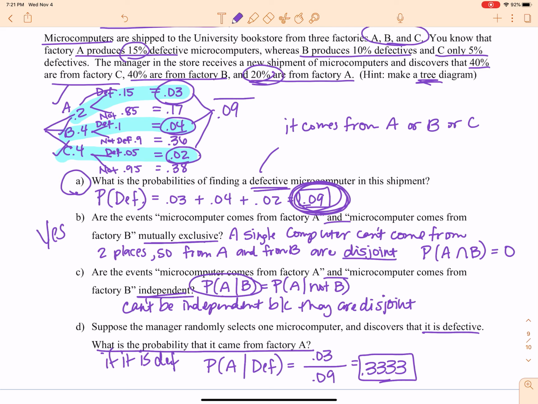The numerator will always be one of them, depending on what you're being asked. If I had asked you what the probability is it came from factory B, it would be 0.04 over 0.09. If I ask you about C, it'd be 0.02 over 0.09. So that is always how conditional probability works with a tree.